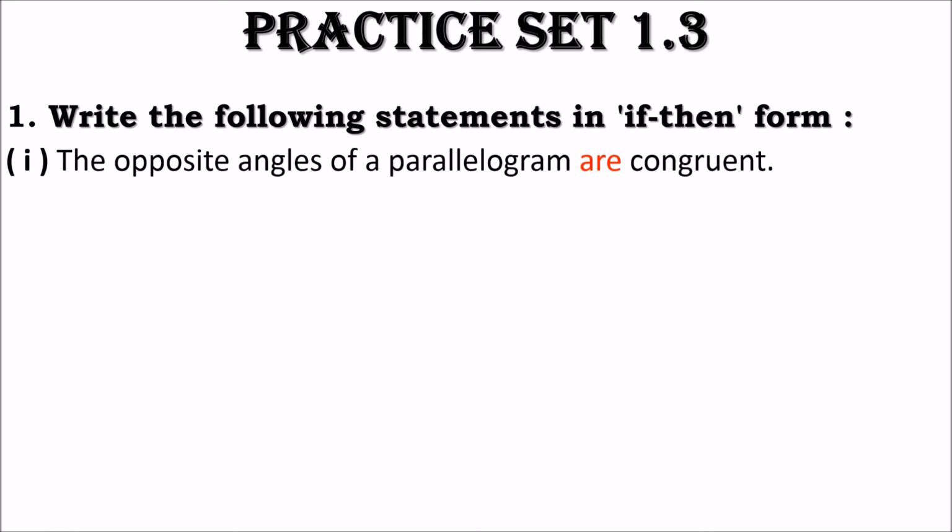Whatever is there after the word are, that is the consequent. What is there after are? Congruent. So congruent will be the consequent of the statement. Consequent means the part which follows the word then. So what is congruent in this statement? Opposite angles are congruent. So the opposite angles are congruent is the consequent of this statement that we will write after the word then.